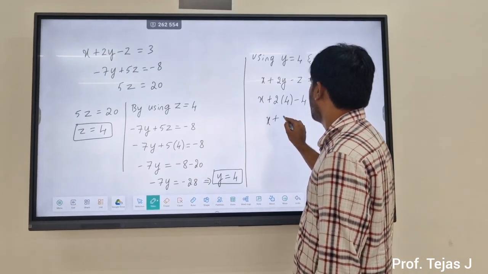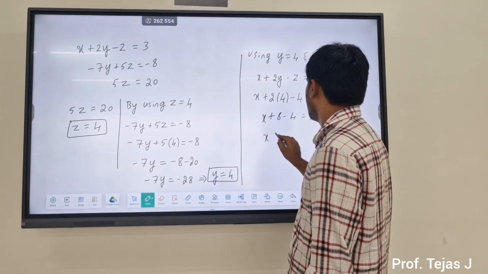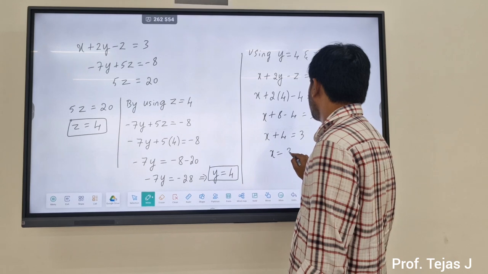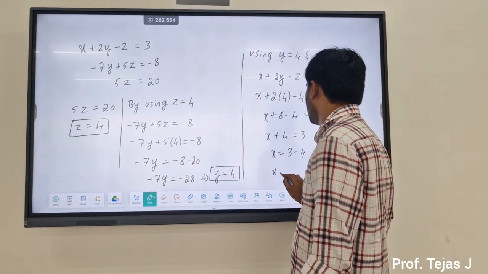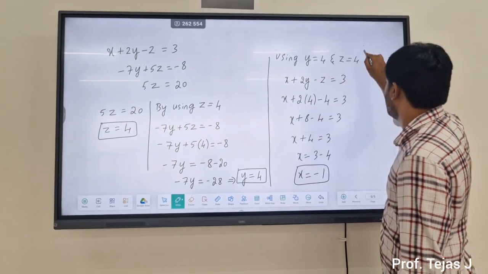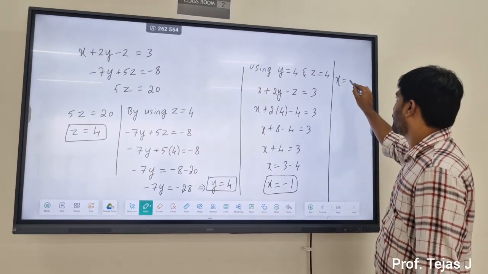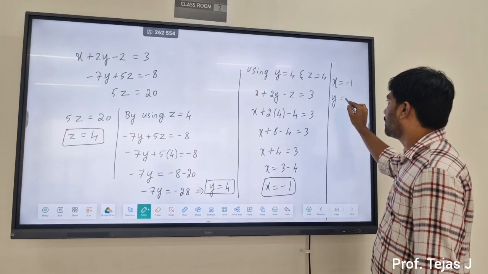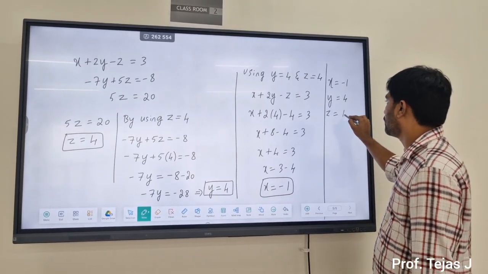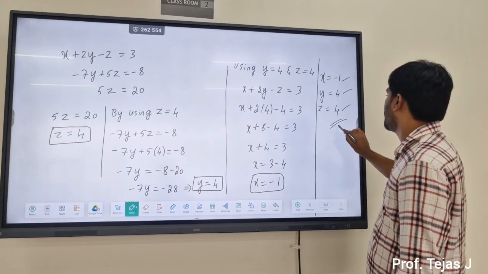So 8 minus 4 is 4, so x plus 4 equal to 3 and x will be 3 minus 4. So we write the x value as minus 1. So by this way we know the value for x as minus 1, value for y as 4 and value for z is also 4.